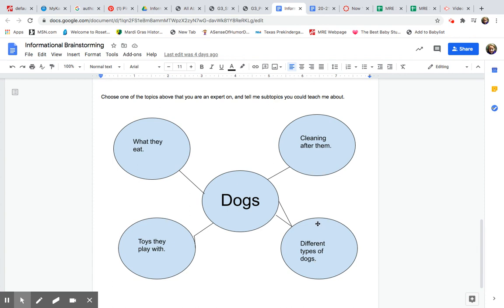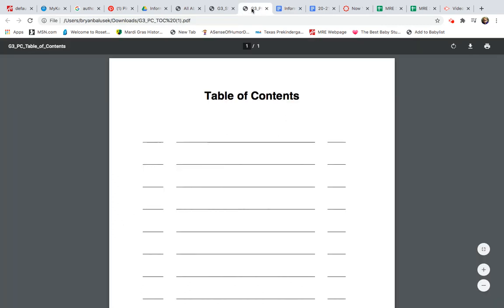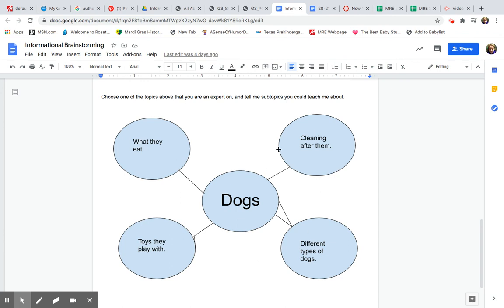And if you want to take it even a step further than that, you could create your table of contents, okay, for your story. And we'll meet in small group to talk about this more this week and next week. But your table of contents, you would use this web that you created to make the table of contents. So chapter 1 might be cleaning after them.